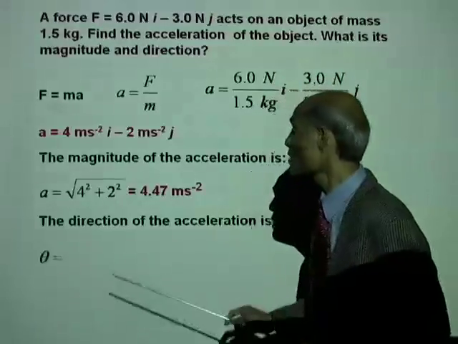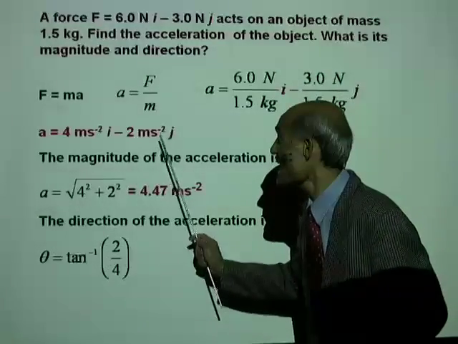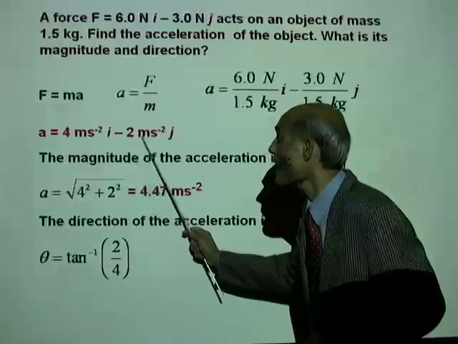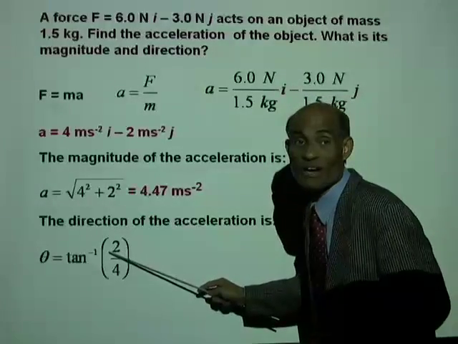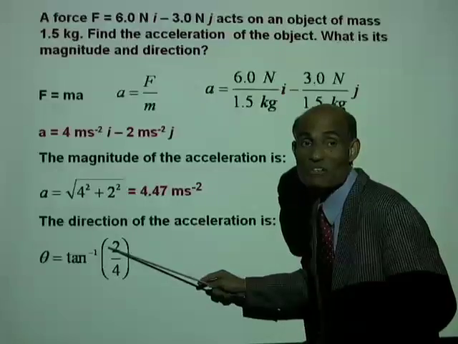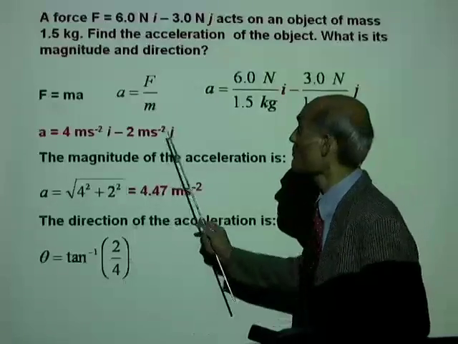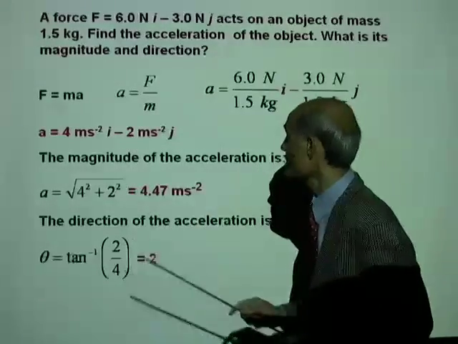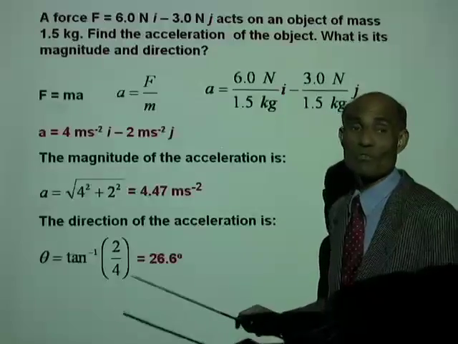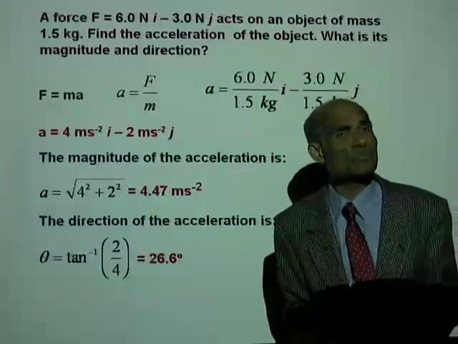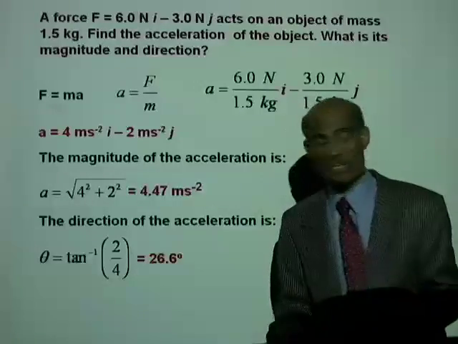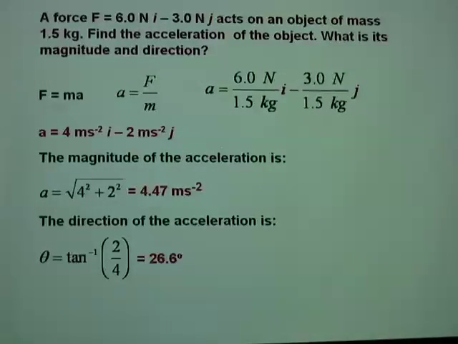So, the direction is theta equal to tan inverse of y over x. Tan inverse of, I'm missing something here, negative 2 divided by 4. Tan inverse of negative 2 divided by 4, and that must be negative 26 degrees. Alright, now correct those small mistakes there.